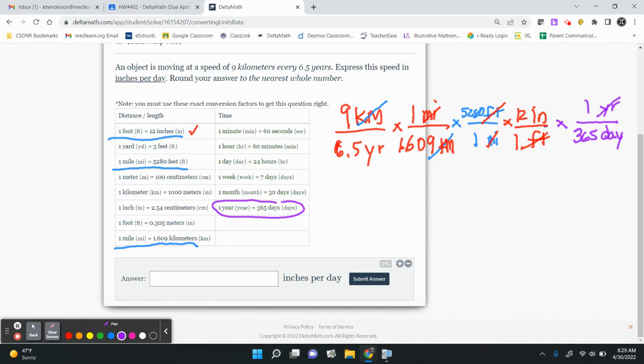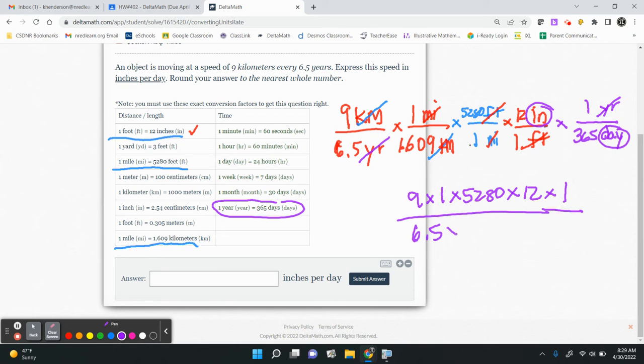So year cancels with year, and looks like I have just inches on the top as I scan and just days on the bottom. So now what I have is 9 times 1 times 5280 times 12 times 1. That's my numerator. And my denominator is 6.5 times 1.609 times 1 times 1 times 365.